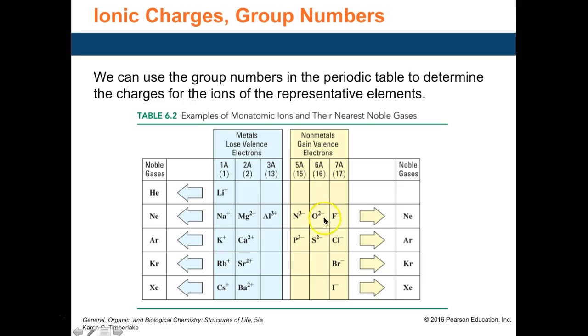Oxygen, 6 minus 8, would gain 2 electrons and therefore the 2 negative charge. Then fluorine would gain 1 electron and so 1 negative charge, all right. And also their name ends in "ide." So nitride, oxide, and fluoride all have 10 electrons, again isoelectronic with neon.